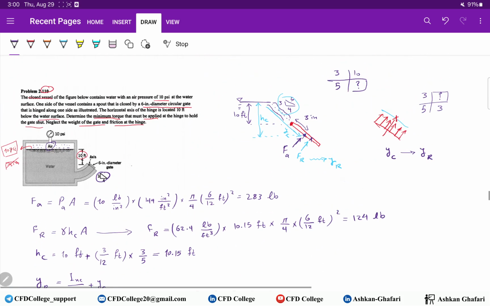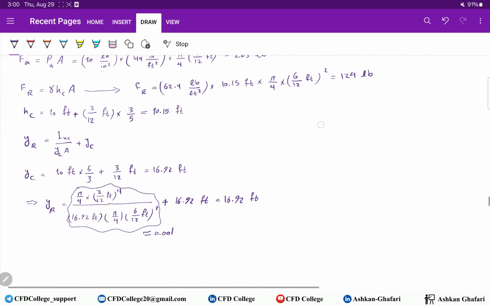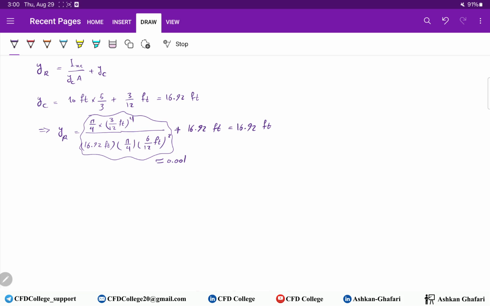Now we have the magnitude of FR and FA and the distance of those forces to the hinge. Now we can solve the summation of moments over hinge should be 0.